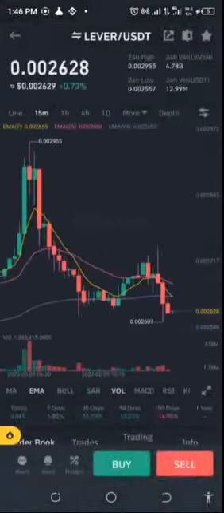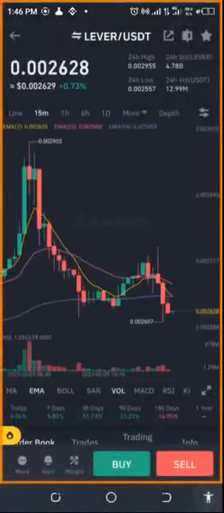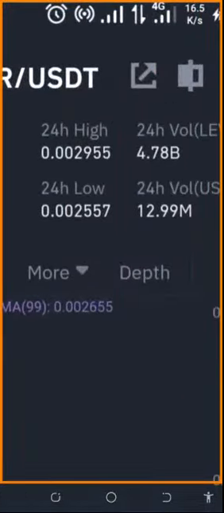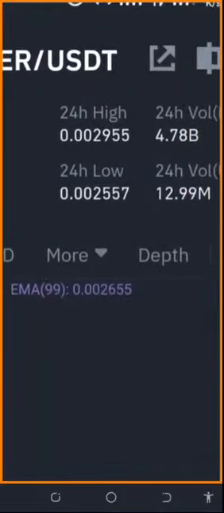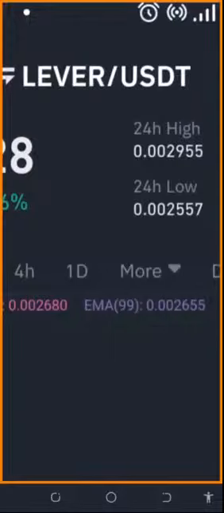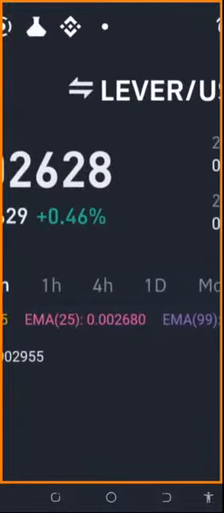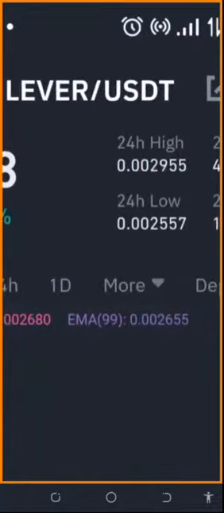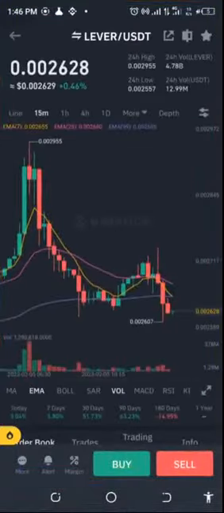What we have here, if you check very well, is 2628, but we're not going to buy at that price. We're going to buy at a lower price because the low is 2557. We're not going to go as low as 2557. We'll just go like 2600, maybe 2600 or 2590, something that way. Let's go and choose 2590.